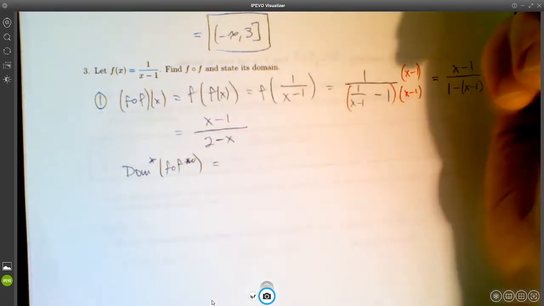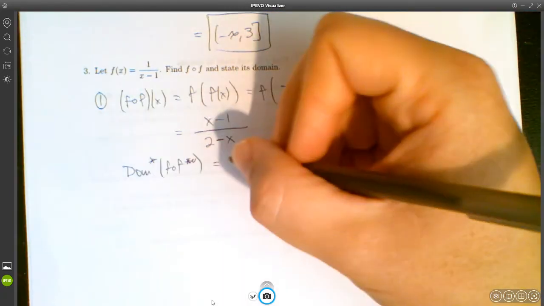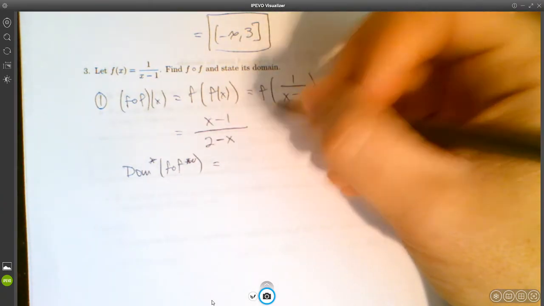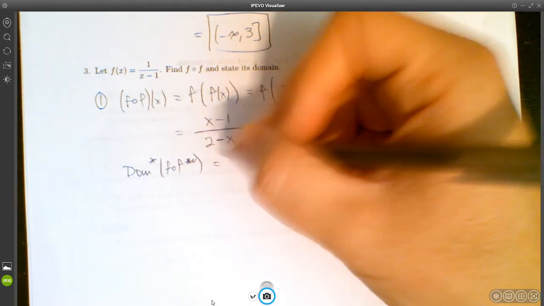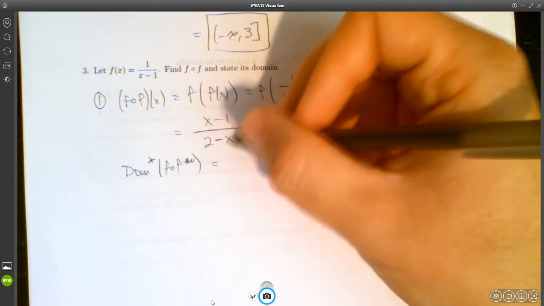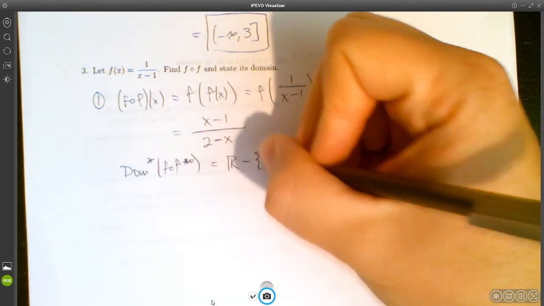So to find the domain star of f, we need 2 minus x to not be 0, which means x can't be 2, right? So it's going to be all of the real numbers except for 2.